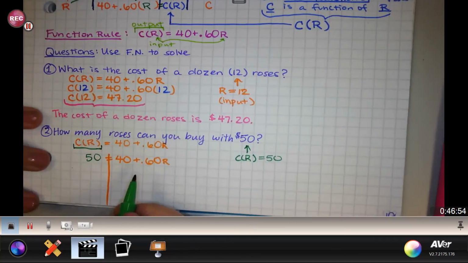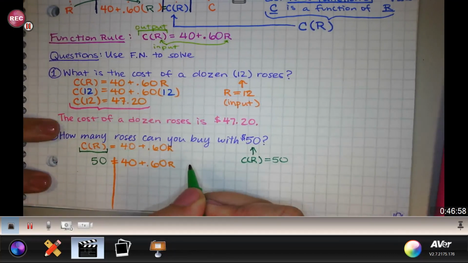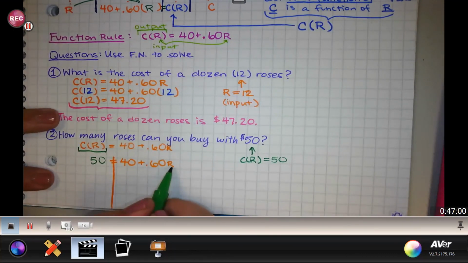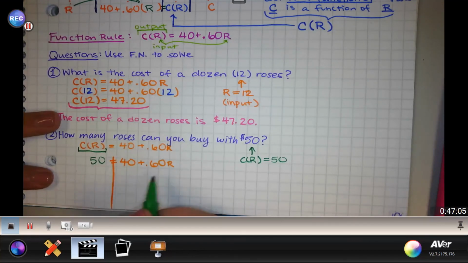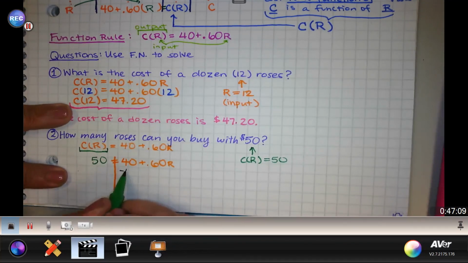So what we do is, remember you do it in backwards of PEMDAS. So if we're looking at R, we would multiply first and add second. So we're going to do the opposite, and instead of adding, we're going to subtract 40 from both sides.